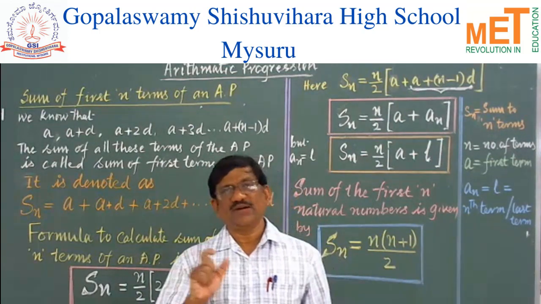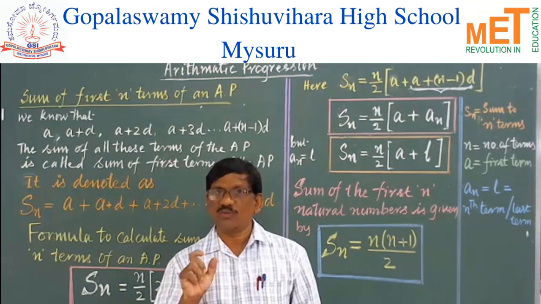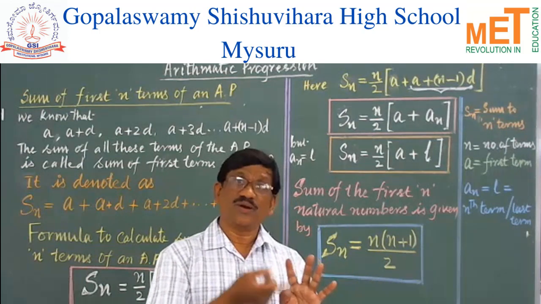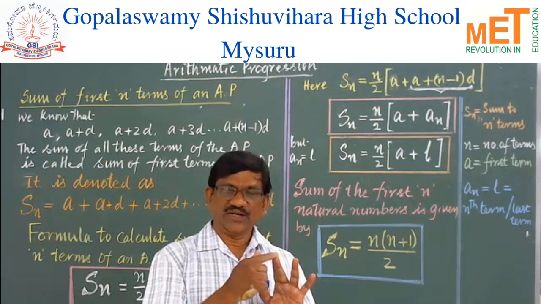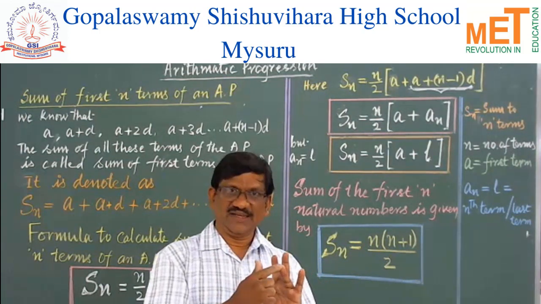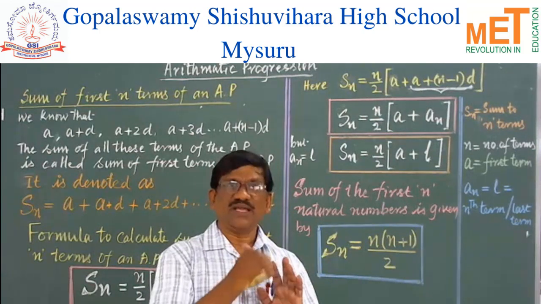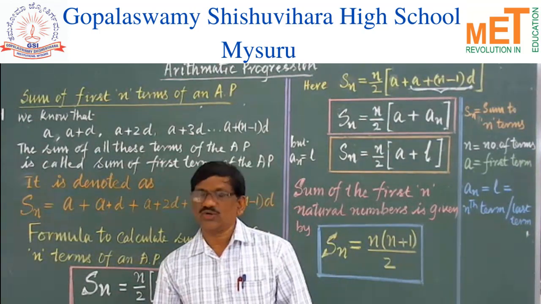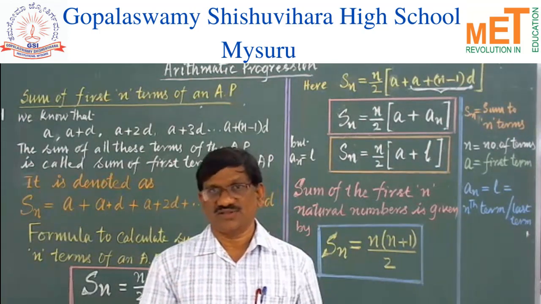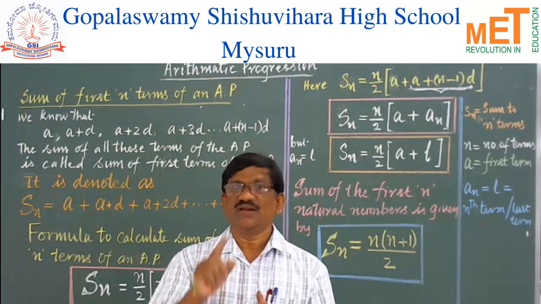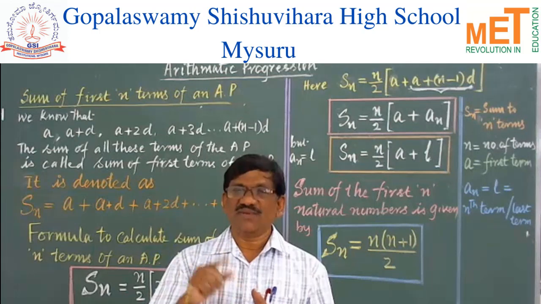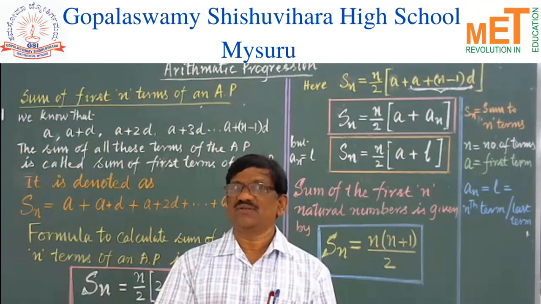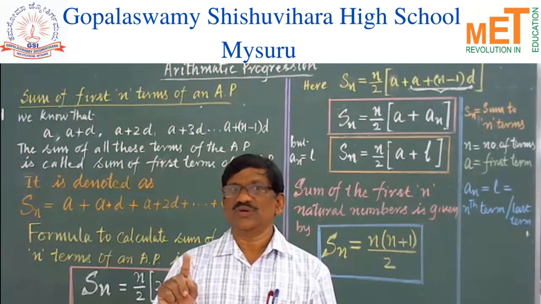To find the common difference, we subtract A1 from A2, A2 from A3, A3 from A4. We have seen that, isn't it children? So it is always constant.